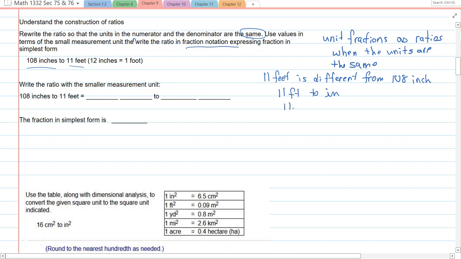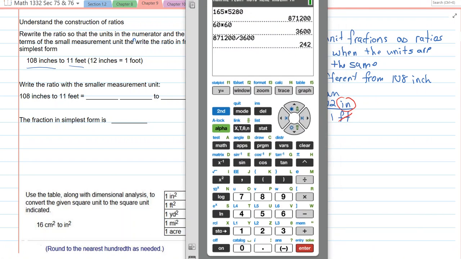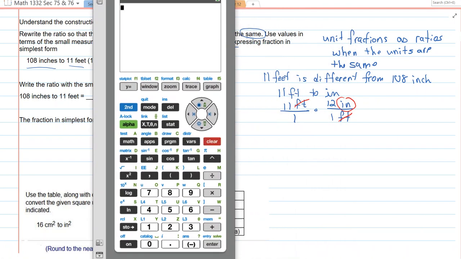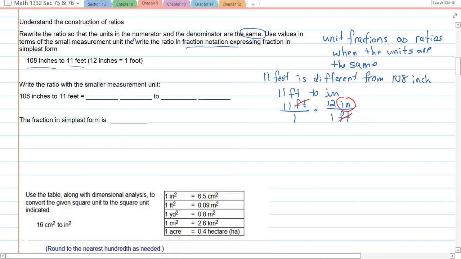All right, so I'm going to put my 11 feet and I'm going to multiply by 1 foot equals 12 inches. This way, my feet cancel and I end up with an equivalent value for that. So let me use my calculator, clear it, and I'm going to do 11 times 12. And I'm going to get the value of 132.